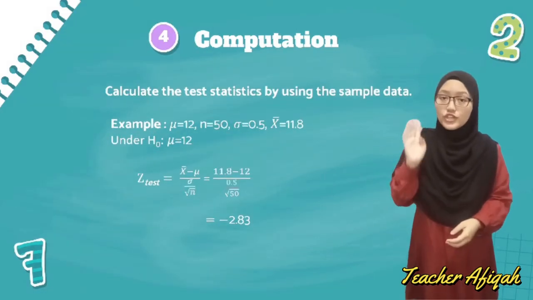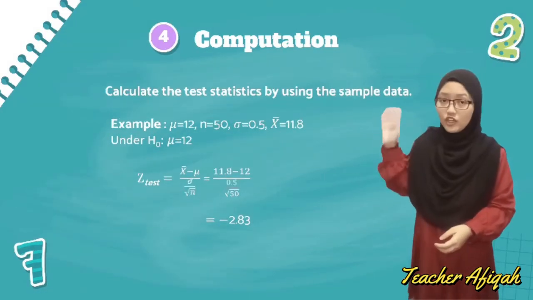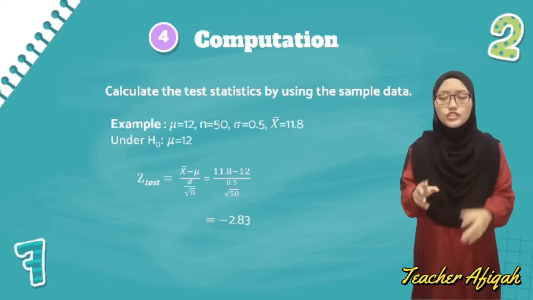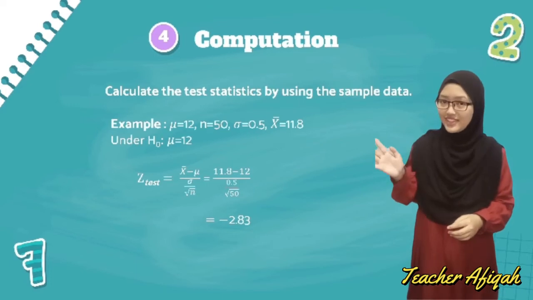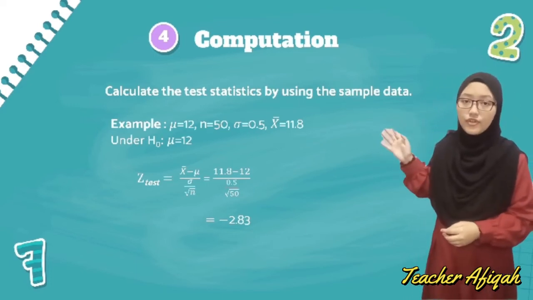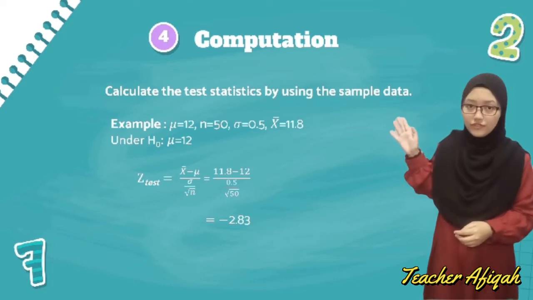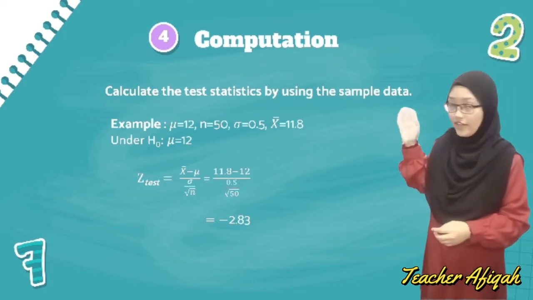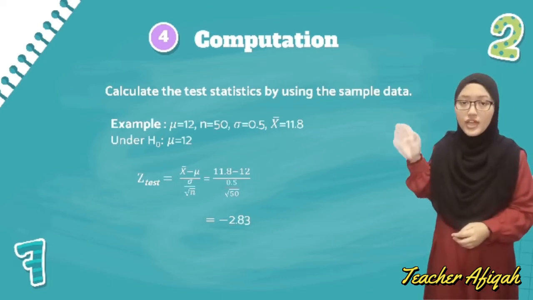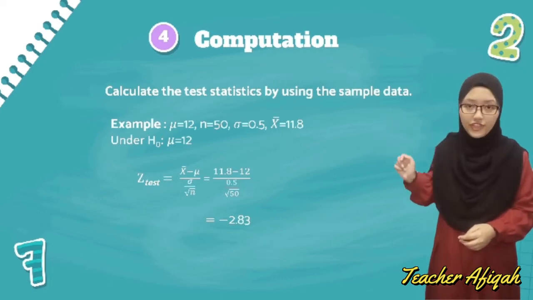In step 4, which is the computation step, we need to calculate the test statistic that we chose in step 2 by using the sample data. This is an example of the calculation. Mu is equal to 12, the sample size n is equal to 50, the standard deviation is 0.5, and the mean is equal to 11.8.